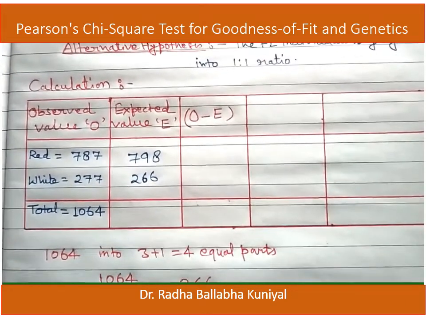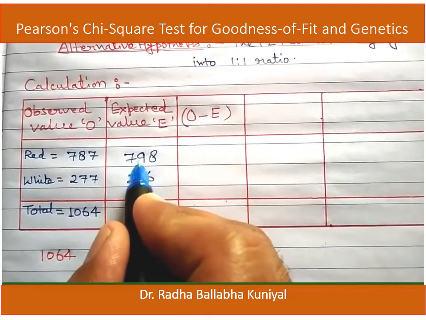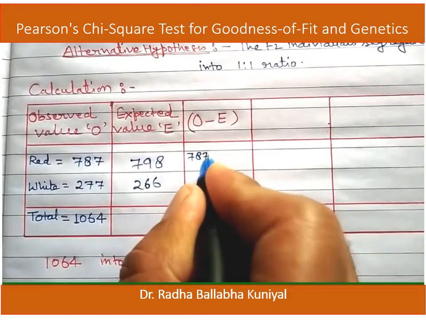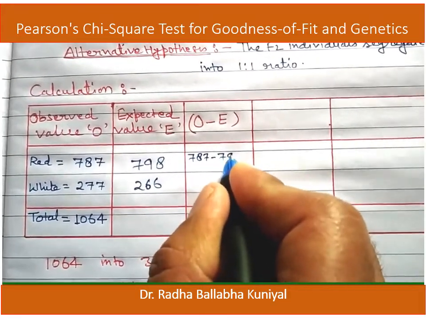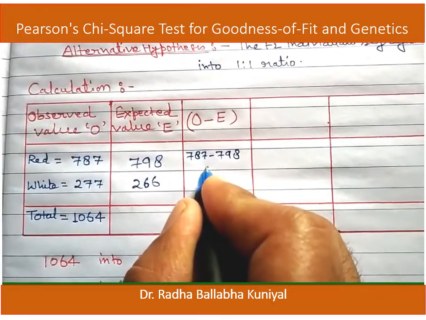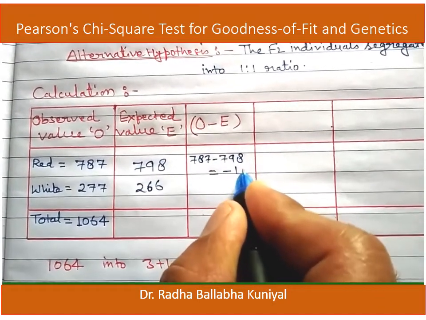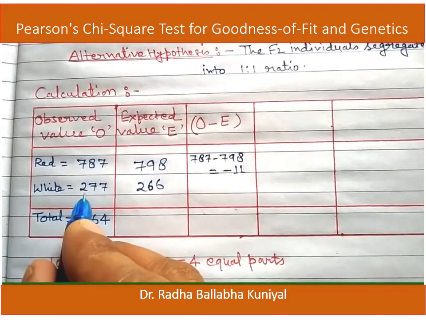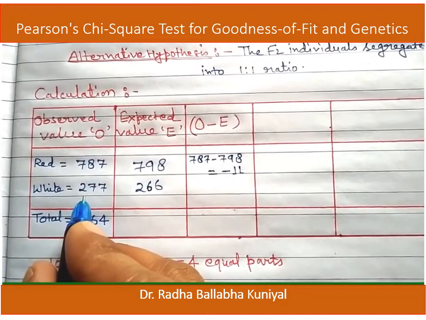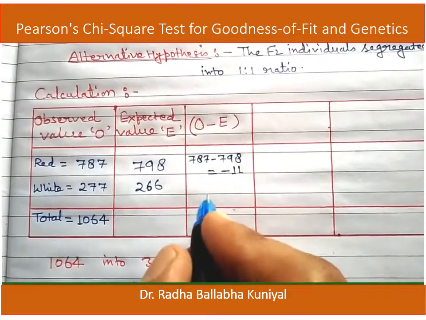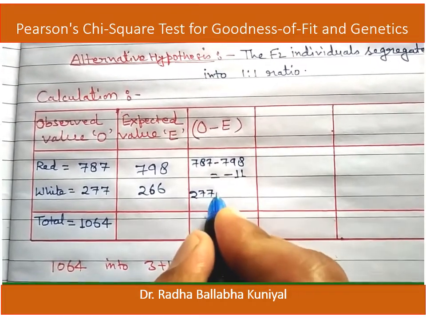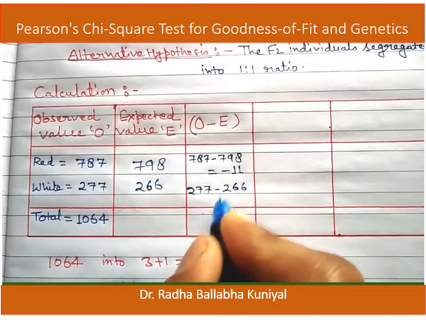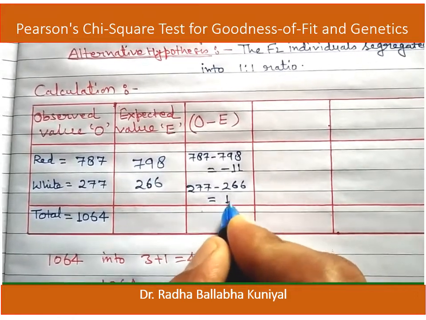For the red flower, the observed frequency is 787 minus the expected 798, thus we will obtain minus 11. For the white flower, the observed frequency is 277 minus the expected frequency 266, and by solving this we will get 11.